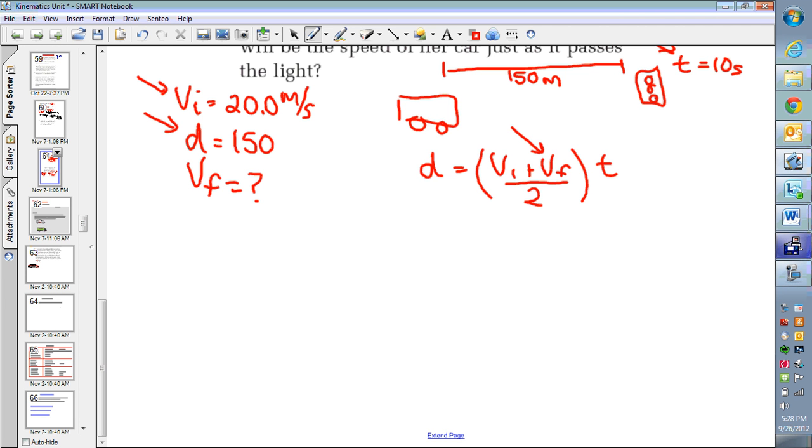So I'll rearrange the formula before I put numbers in, because that's just how we roll around here. So we're going to put 2D equals VI plus VF times T. We took the 2 up. Then we're going to divide both sides by T, and that makes this go away.